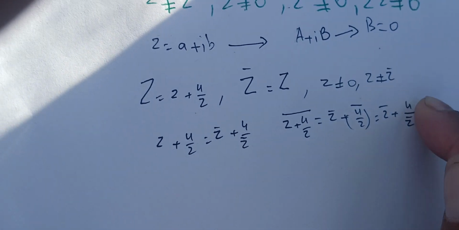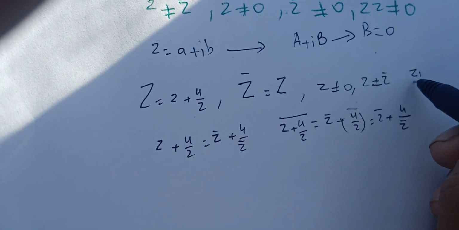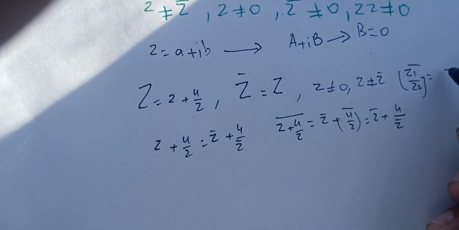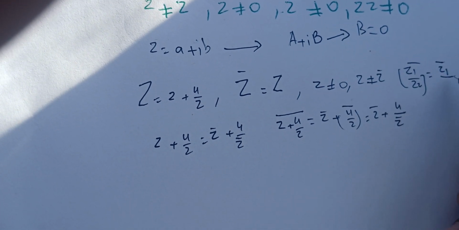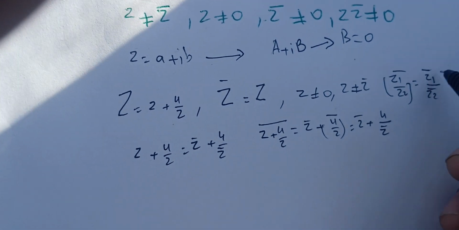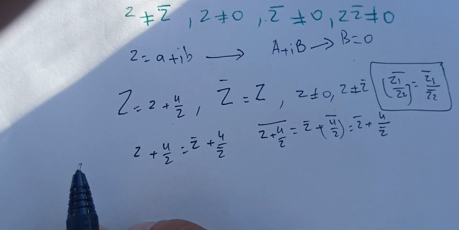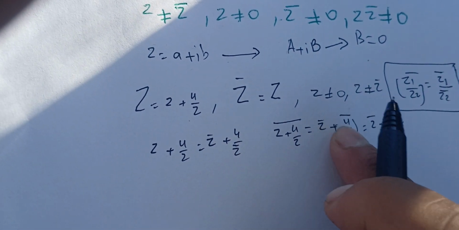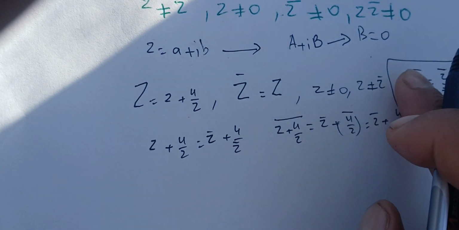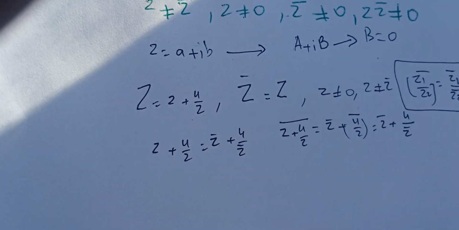Here we use the fact that the conjugate of z1 over z2 is the conjugate of z1 over the conjugate of z2. I've used it here for those who want a step-by-step solution.